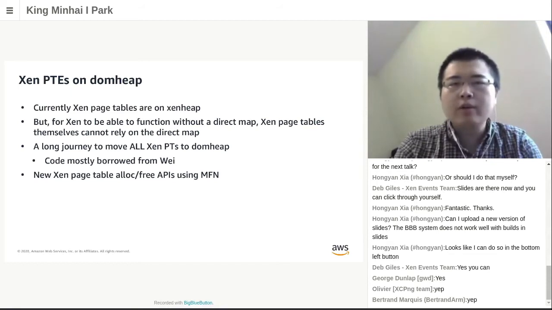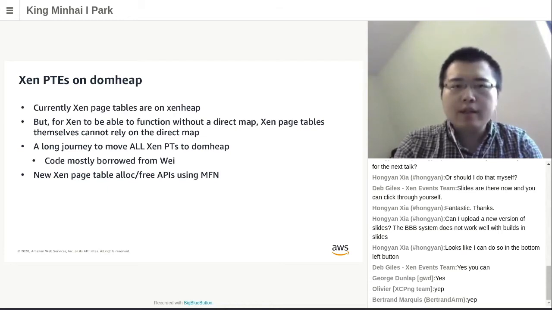It turns out that we need to rewrite a lot of code in the Xen source to move each call site to the DOM heap, and we need to rewrite all the call sites. I'm really grateful to Wei because he's written most of the code, so I could just borrow most of it from him.